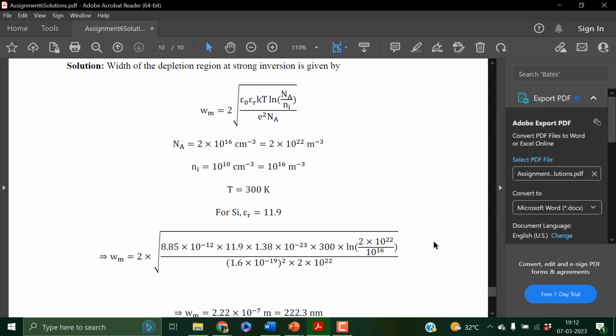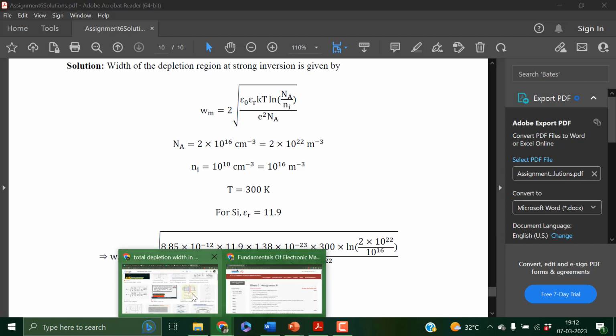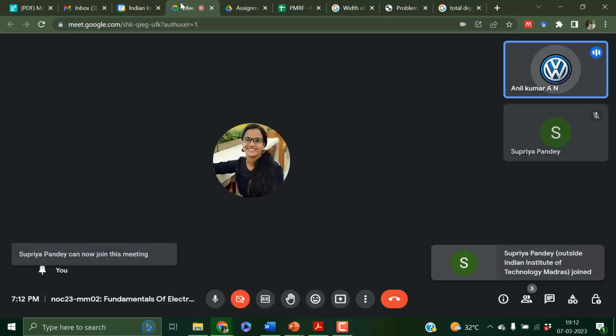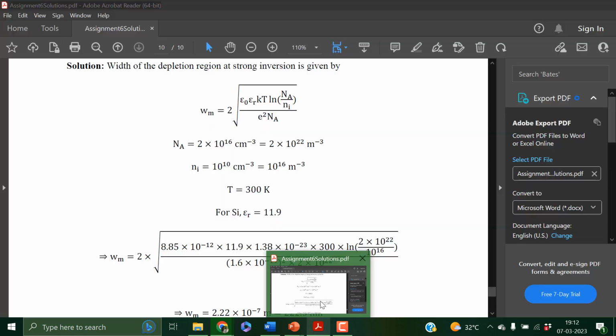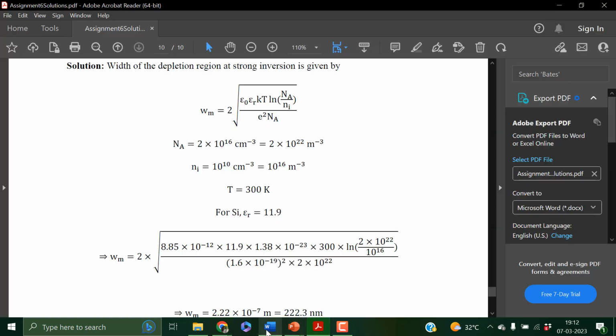Oh, madam. But I have the formula that I have taken to solve. Sir has solved this problem. He has taken phi s is equal to E into Na, WD square is equal to phi s 2 epsilon naught epsilon r divided by E Na, whole root.